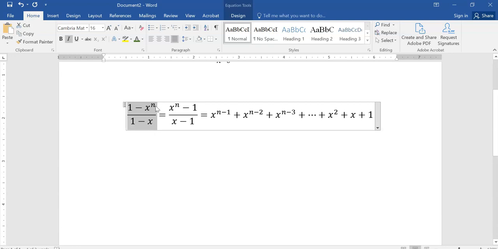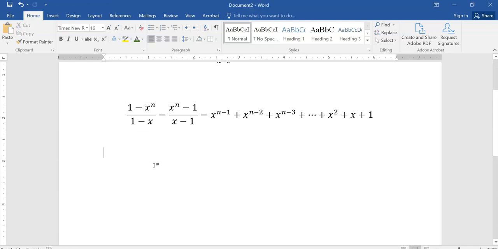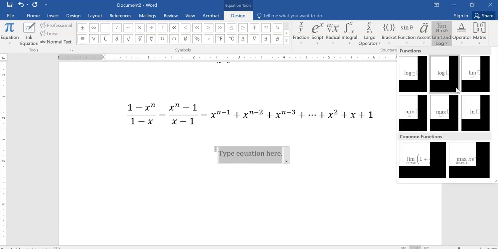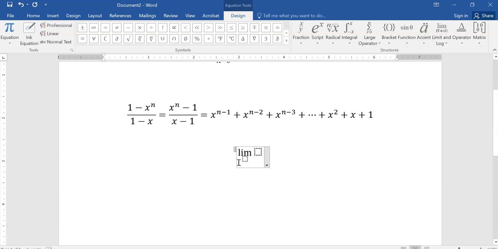Now that works for any value of n, which is a positive integer. And when you take the limit as n goes to infinity, let's take the limit as n goes to infinity. We've done this before. And going to infinity.